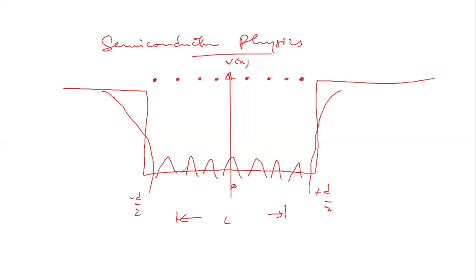So these cores are the crystal potential, while these dots are the ion cores, okay? So we have this distribution, okay?